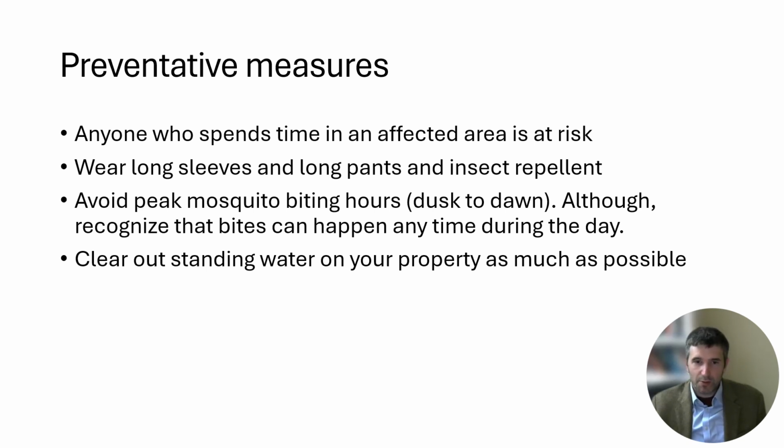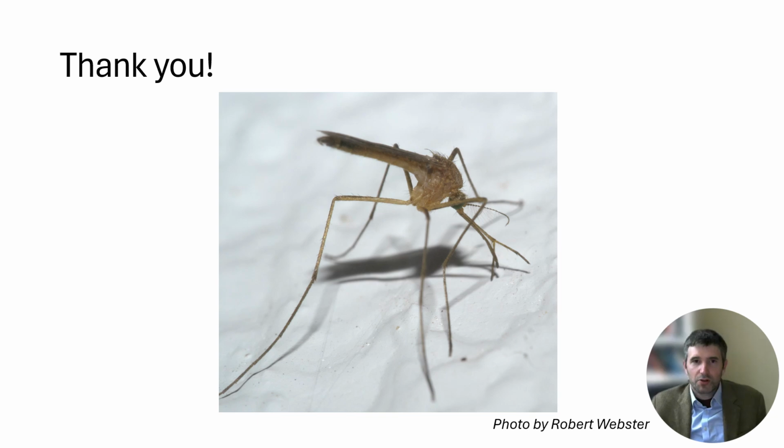Avoid peak mosquito biting hours. The peak hours are from dusk to dawn, although you should recognize that bites can happen anytime. And you can decrease breeding habitat on your property by decreasing any standing water as much as that is under your control.